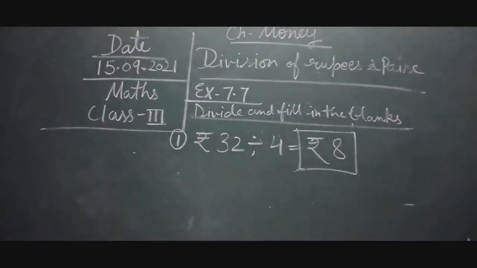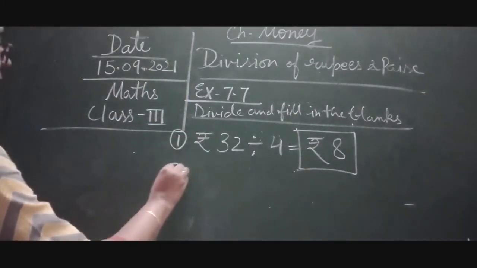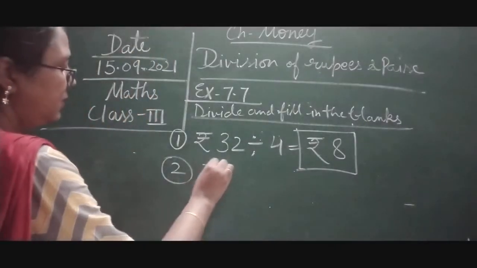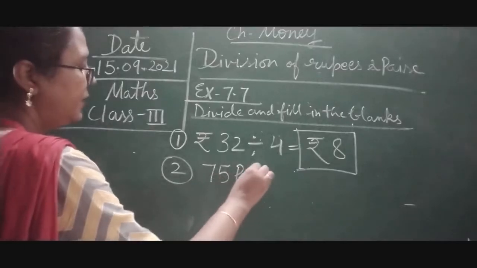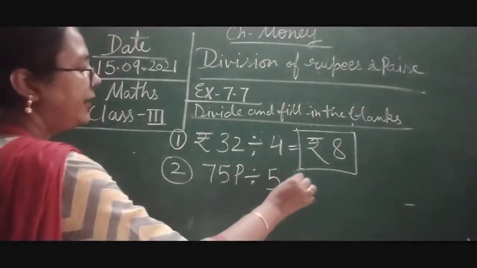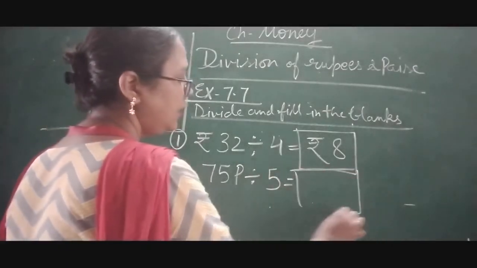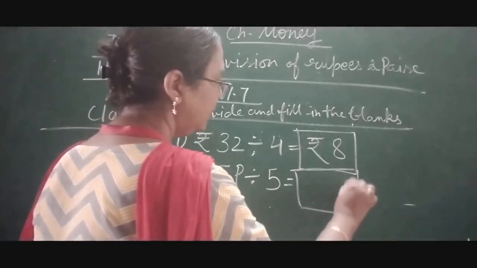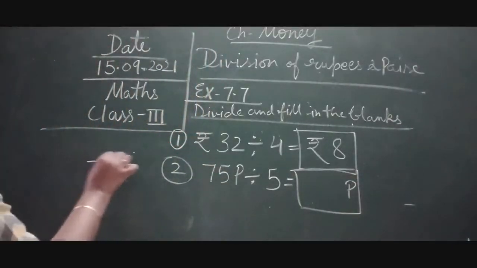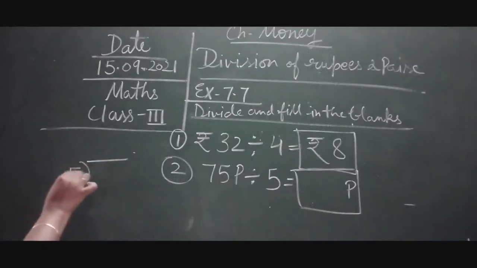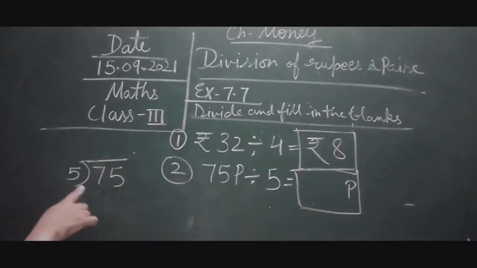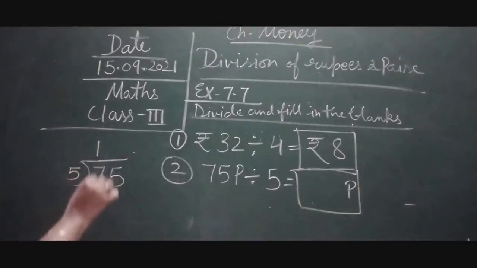Now we are going to do our second number. The second number is 75 paise divided by 5. We will write the answer in paise. First we are going to divide this. Here we have to divide 75 by 5. Children, 5 ones are 5.